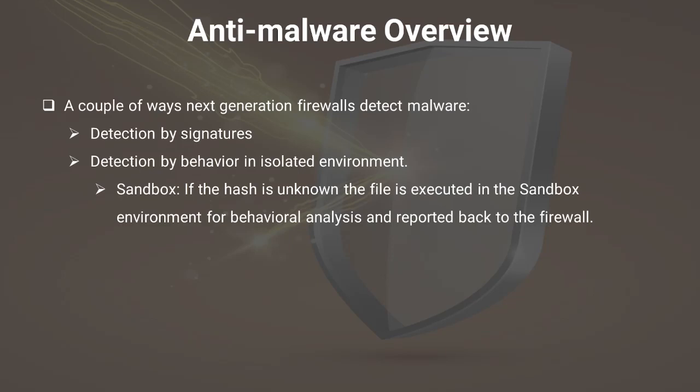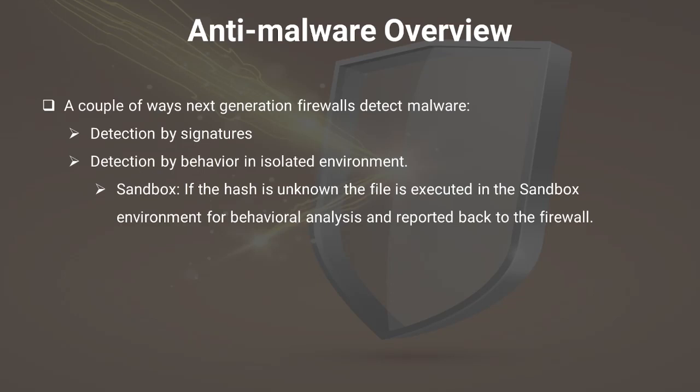The endpoint agent will be notified immediately, or this analysis takes a few minutes to be done, and after the analysis the endpoint will be informed if the file is malicious or not. If the file is malicious, the endpoint agent will prevent the file from executing.